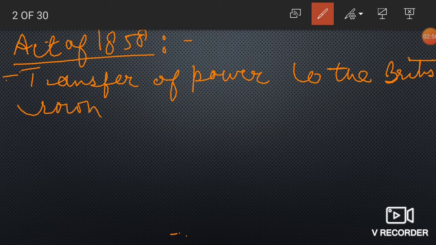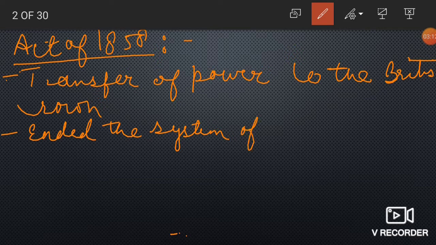This was the first feature, and this act also ended the system of double government. Now, when the powers were transferred to the Crown, Her Majesty the Queen was the one who would look after the matters of India.